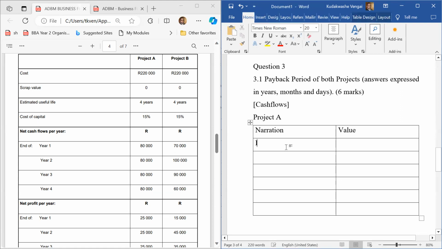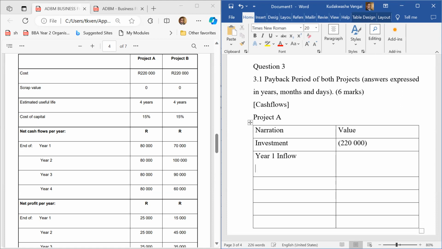All right, investment. How much did we invest? 220,123. And then year one inflow, and then balance outstanding.